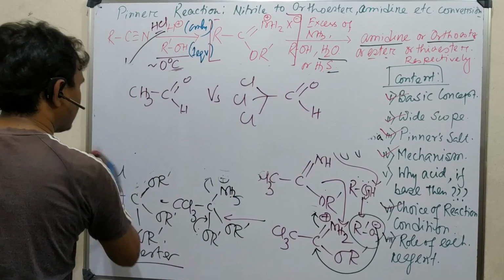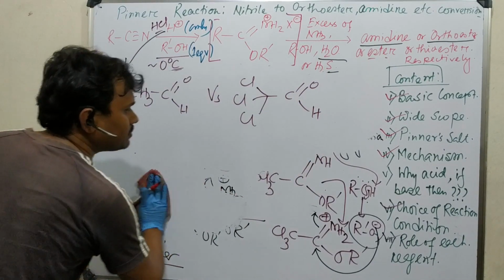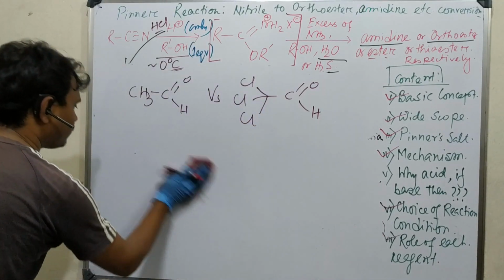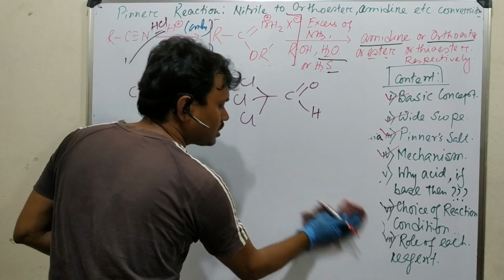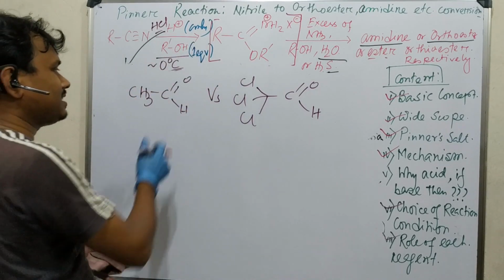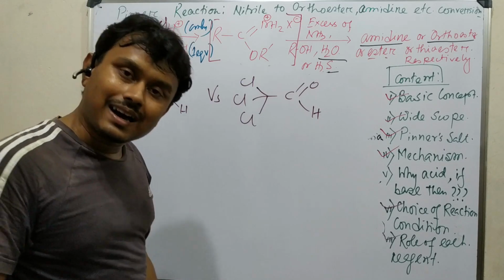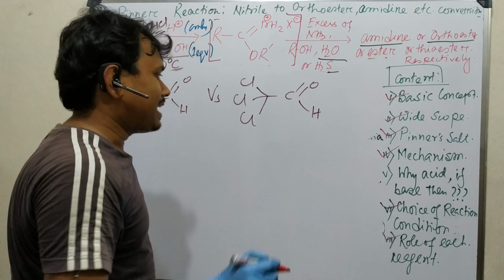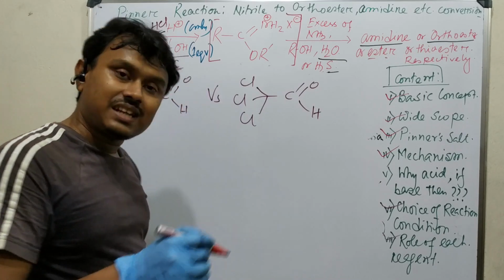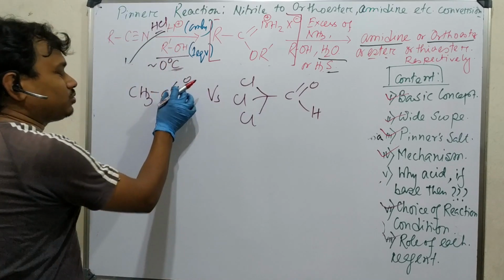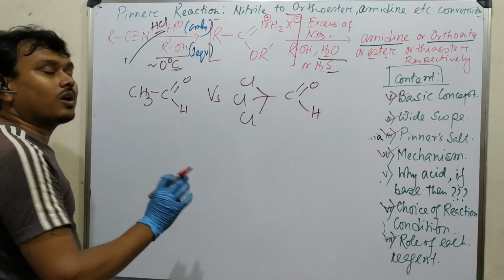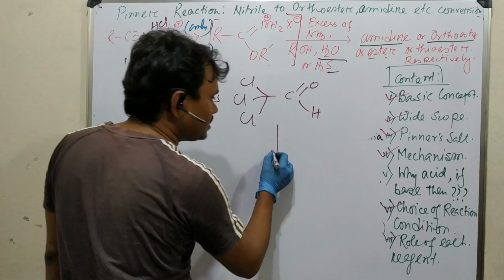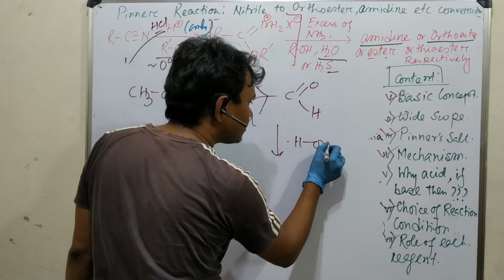Now if you discuss the gem-diol formation percentage, generally we know that apart from formaldehyde, other aldehydes do not prefer to remain as gem-diol, as the energy of C=O is higher than that of the two C-OH bonds, and secondly it is entropically unfavorable because two molecules produce one molecule. So who has higher gem-diol conversion? This one. Why?